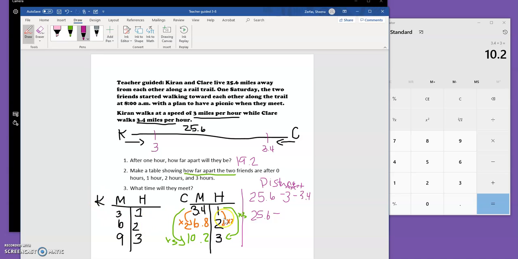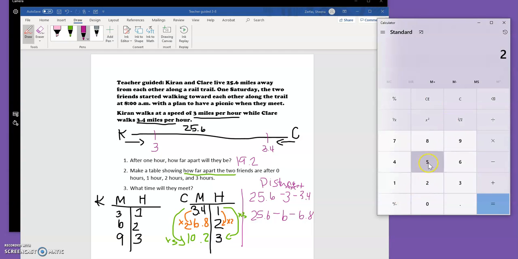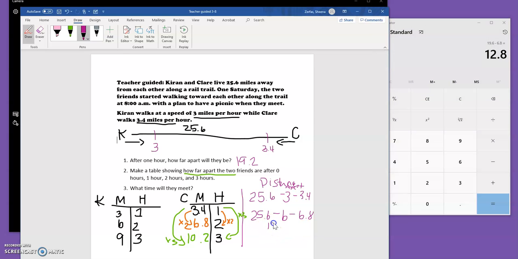So 25.6 minus 6, and minus 6.8. And after 2 hours, they are 12.8 miles apart.